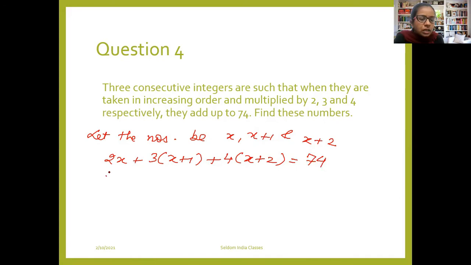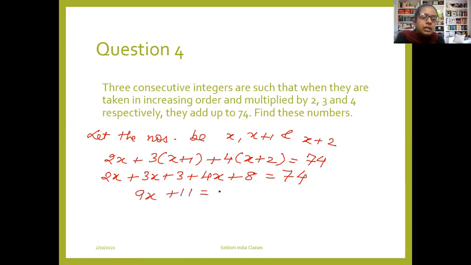According to the question, now solving the equation: 3x plus 3, 4x plus 8 equals 74. Now adding the x terms, 9x plus 11 equals 74. 9x equals 74 minus 11.